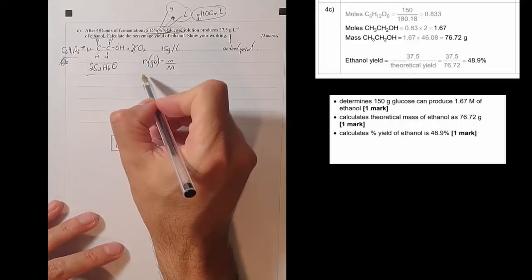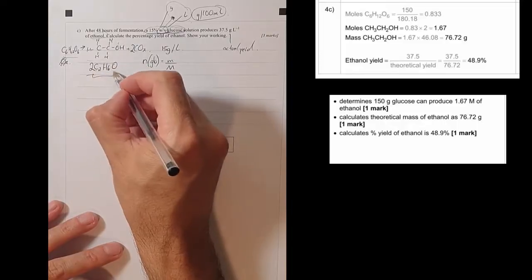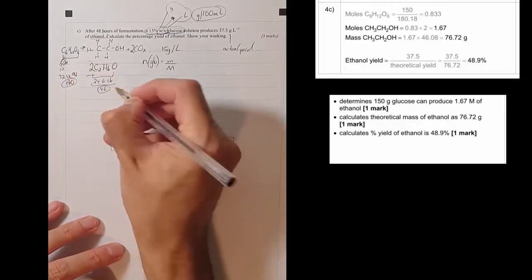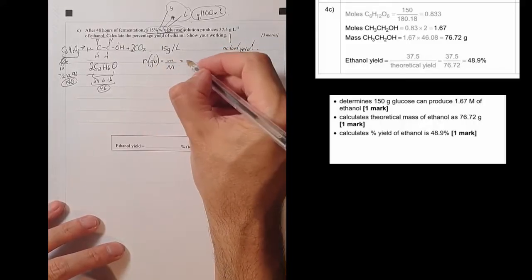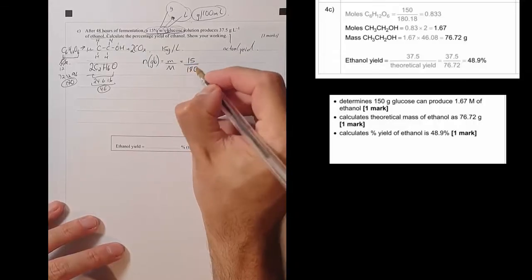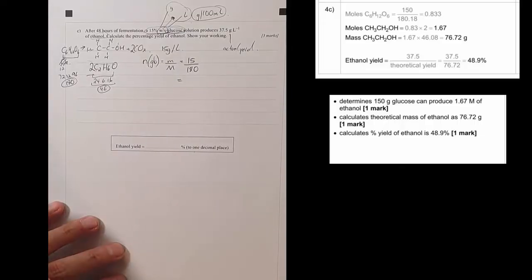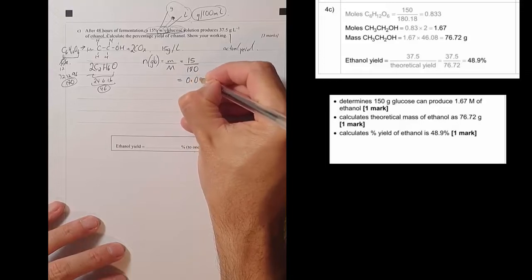What do we have? We've got this one here, so that's 180. So the mass of glucose is 15 over 180, which equals 0.083.